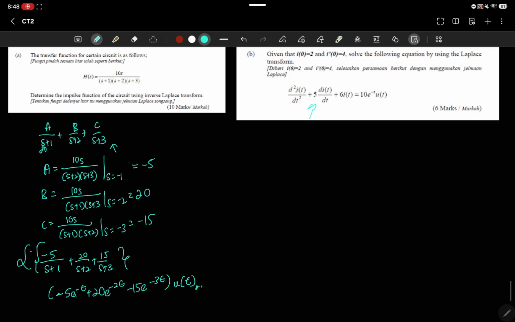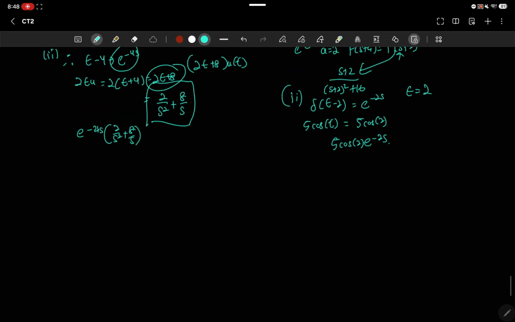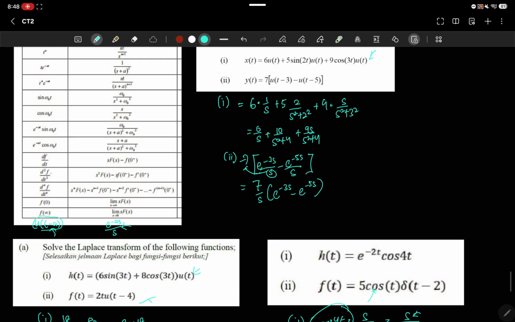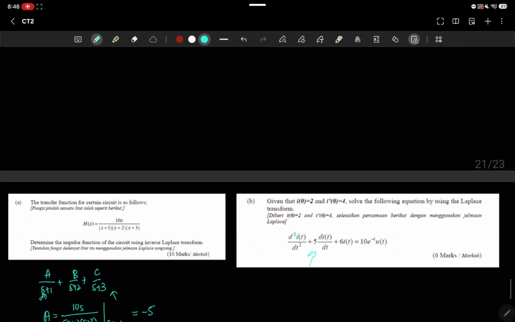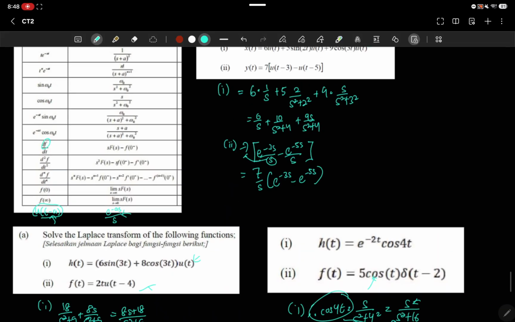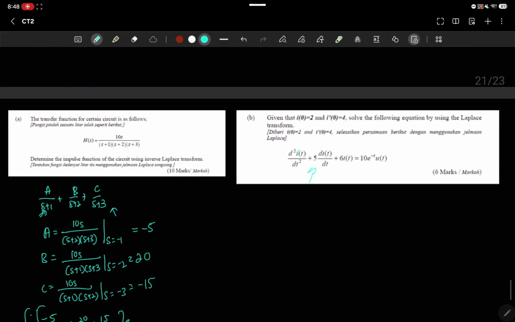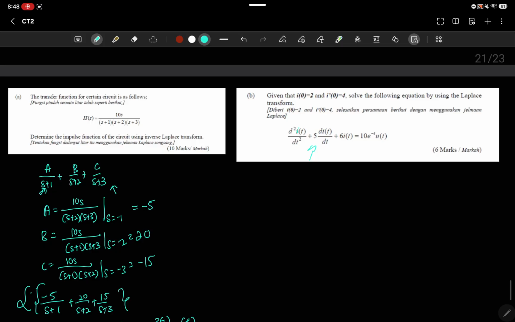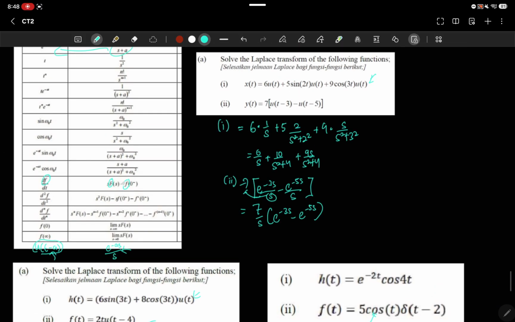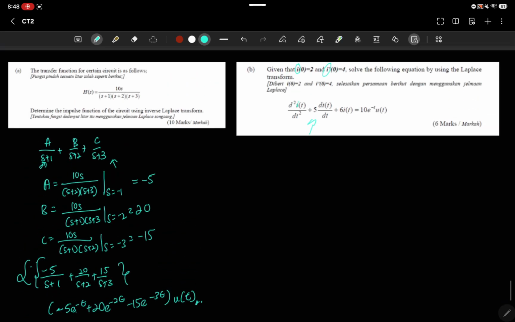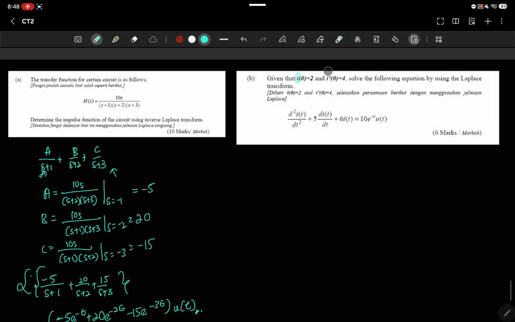Now what about this? Here they have made it as I. If you see here, it's F. So if you replace the F with I, you will get this, and here they have a big F, small f. If you notice here, small i, big I, so it's just the same. They just use different notation because they are talking about current, not just a function.